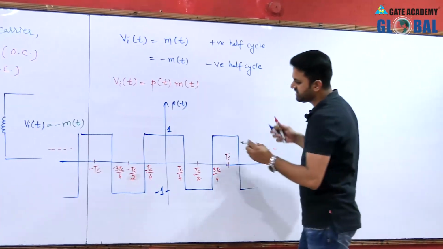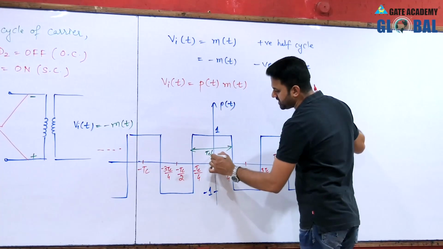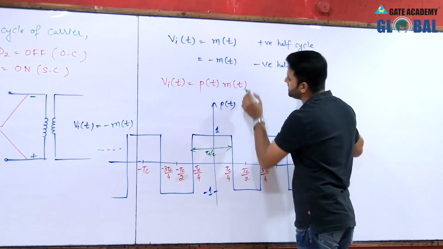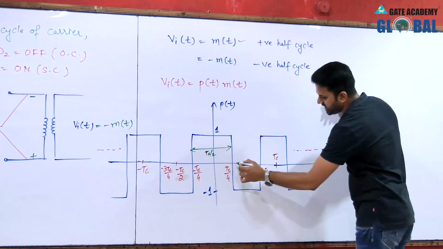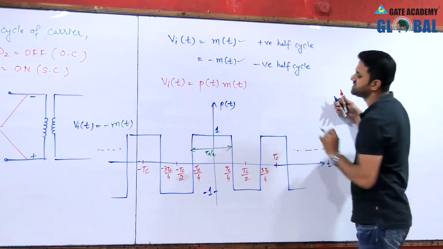During the positive half cycle, that means the half time period, the width is Tc/2, this is +1, so our first condition will be satisfied, and during this half time period this is -1, so this condition will be satisfied.